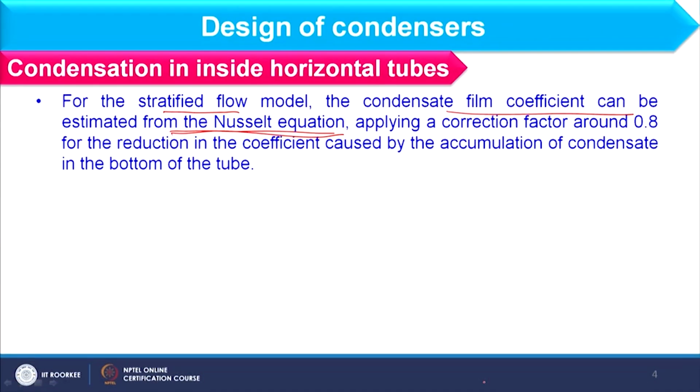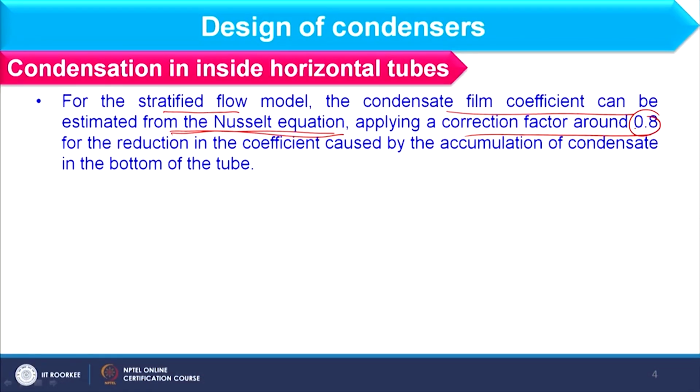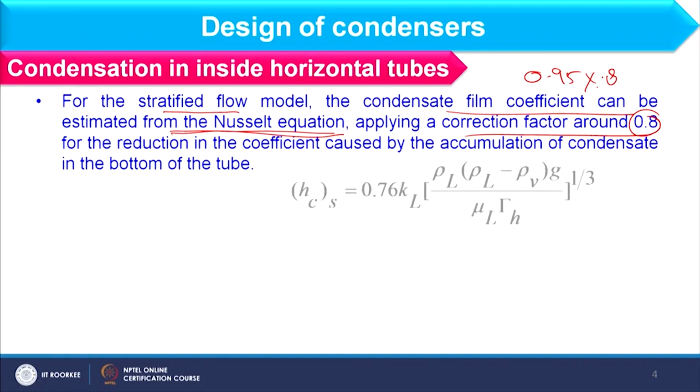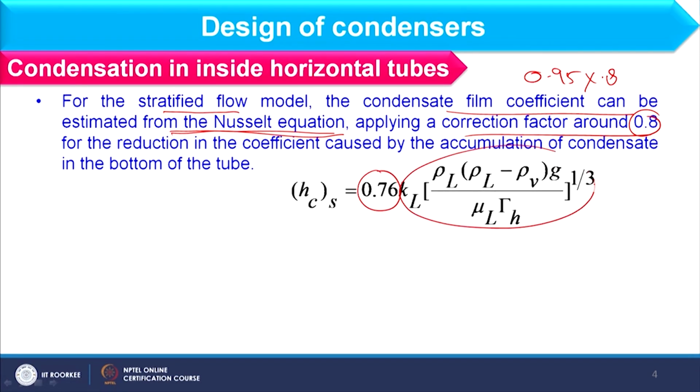However, because of variation in condensate film thickness, we should consider some correction factor, and that correction factor is usually 0.8. So, if you consider 0.95 into 0.8, we can have the correlation like 0.76 into the properties, considering tube loading also.